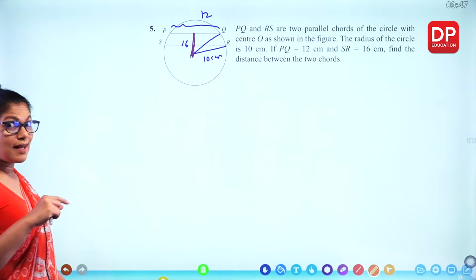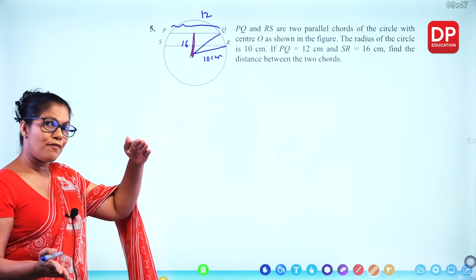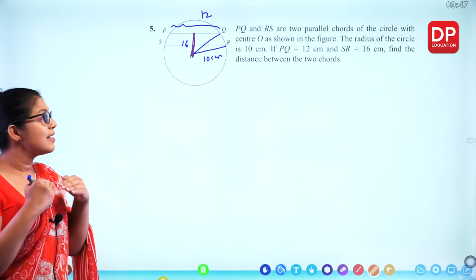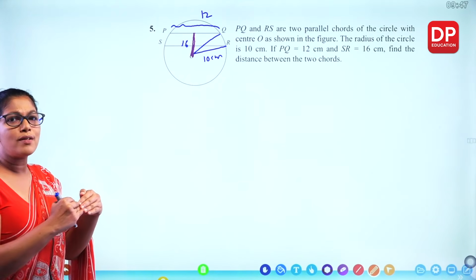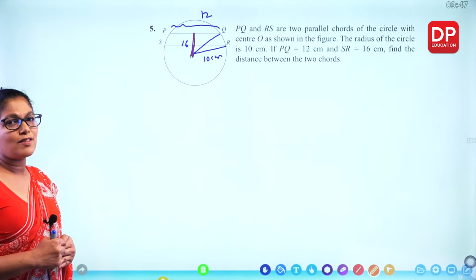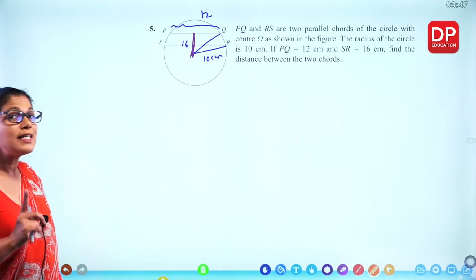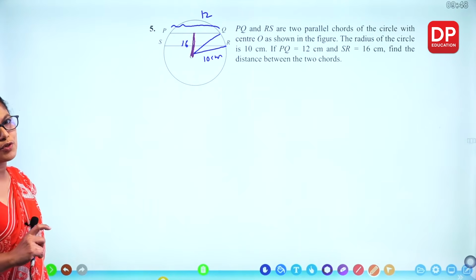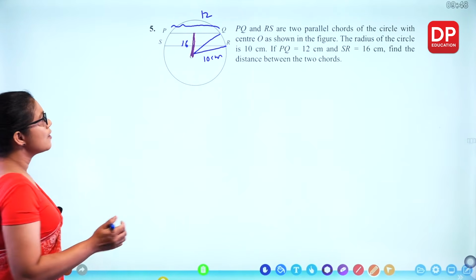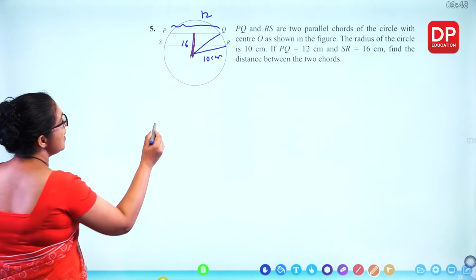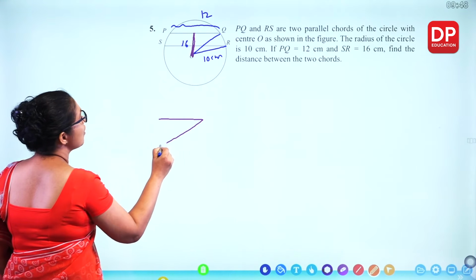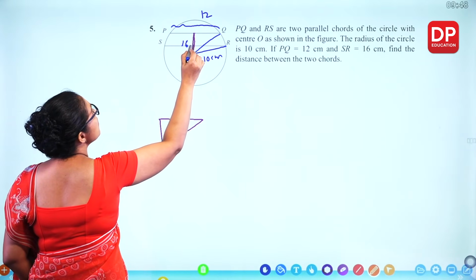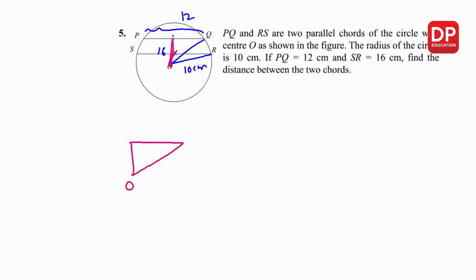In the previous sum, the chords were on opposite sides of the center, but now the two chords are on the same side. So you have to subtract the two distances to get the difference between the two chords. According to this diagram, with center O, we'll put this one as X and this one as Y.